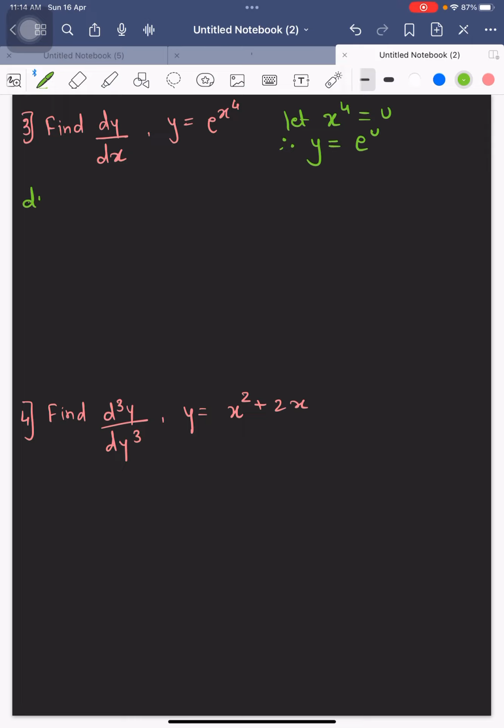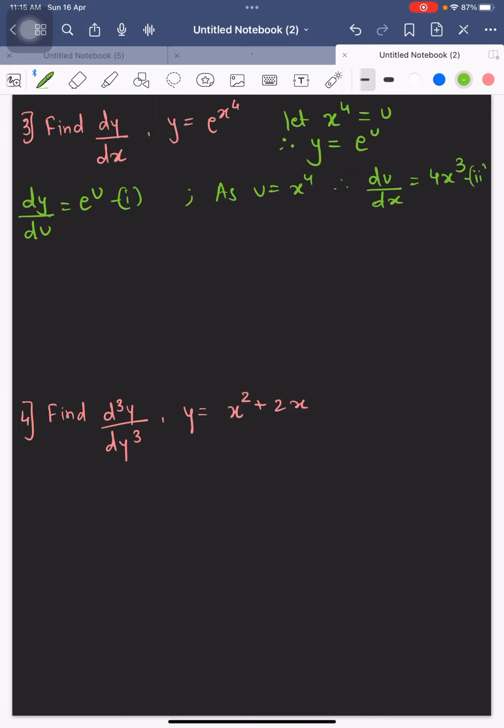So we'll differentiate dy by du is equal to e raised to u only. ये फंक्शन सेम रहेगा, this is 1, and as u is equal to x raised to 4, therefore we can say du by dx is equal to 4x cube.